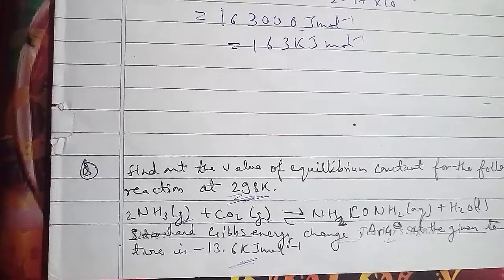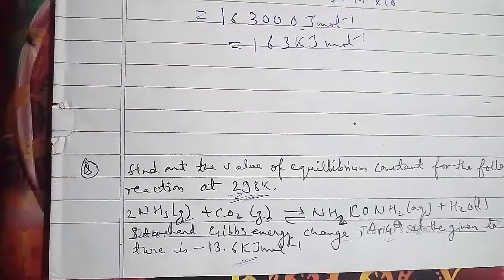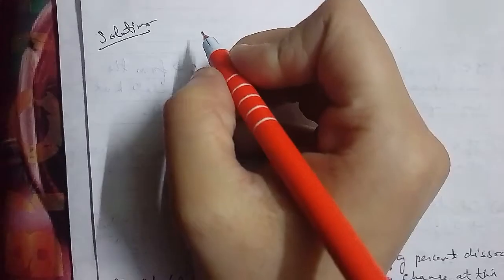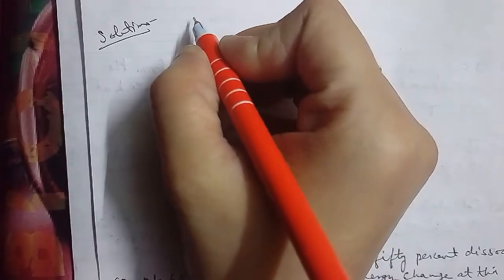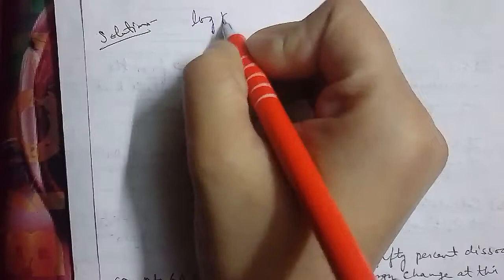For this we have to find the solution, which is as follows. We know that log K is equal to minus delta R of G upon 2.303 RT.